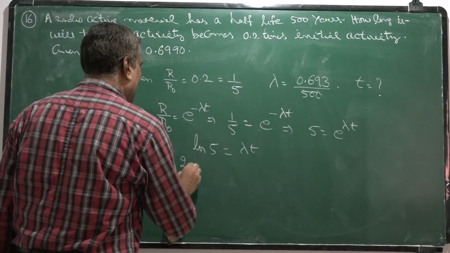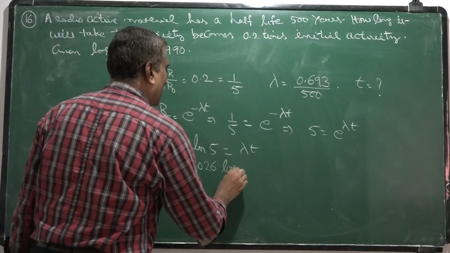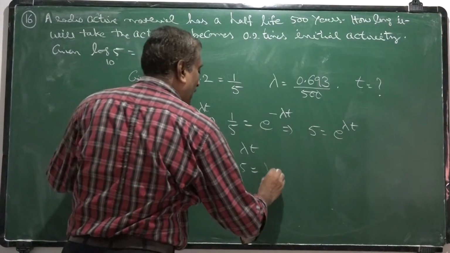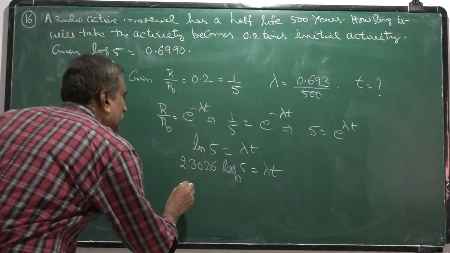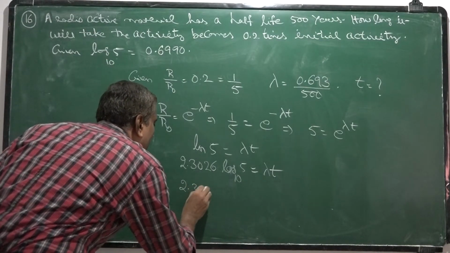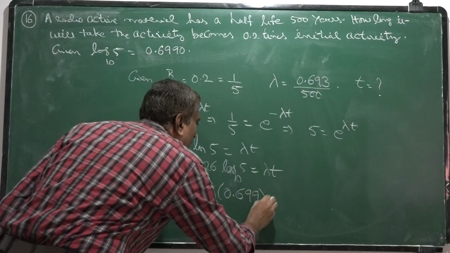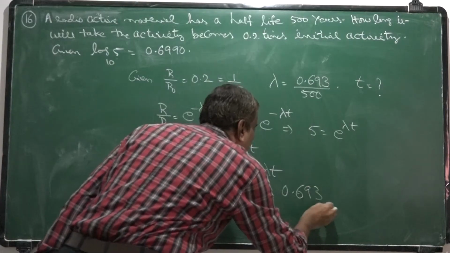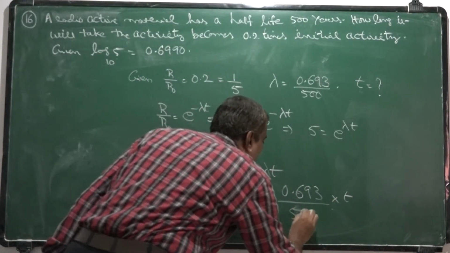But ln 5 is equal to 2.3026 into log 5 base 10. That is 2.3026 × 0.699 = λt, where λ is 0.693 by capital T, and T is 500.